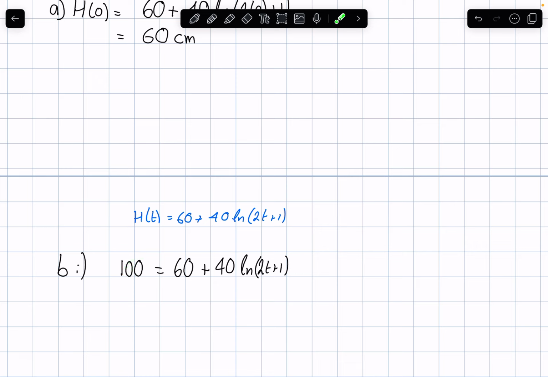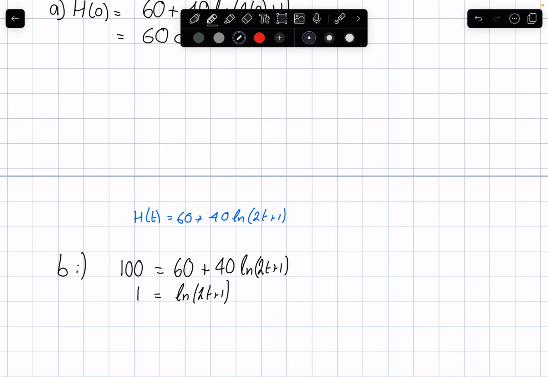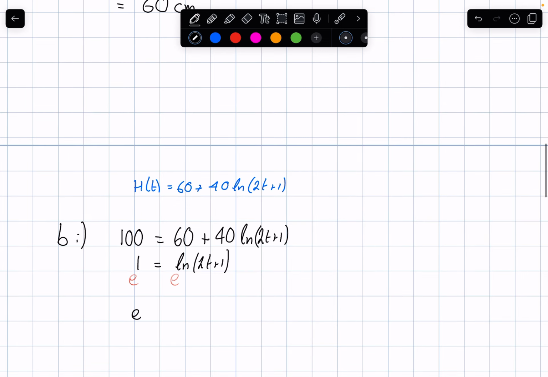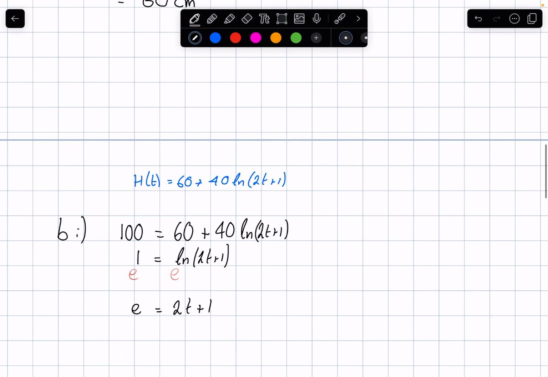So I've got 40 divided by 40 is 1. It's the natural log of 2t plus 1. And we all know to get rid of a natural log, we raise each side to the power of e. So on the left, I've got e to the power of 1, which is equal to 2t plus 1. Now, to get t by itself, we subtract 1 and divide by 2.